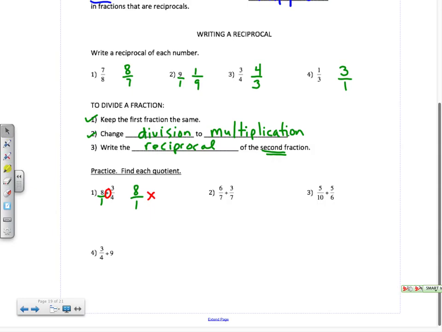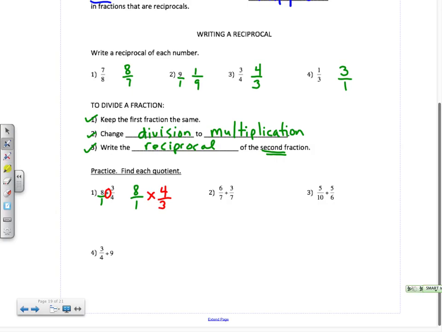And my third step says write the reciprocal of the second fraction. So my second fraction is 3/4. Its reciprocal is 4/3.